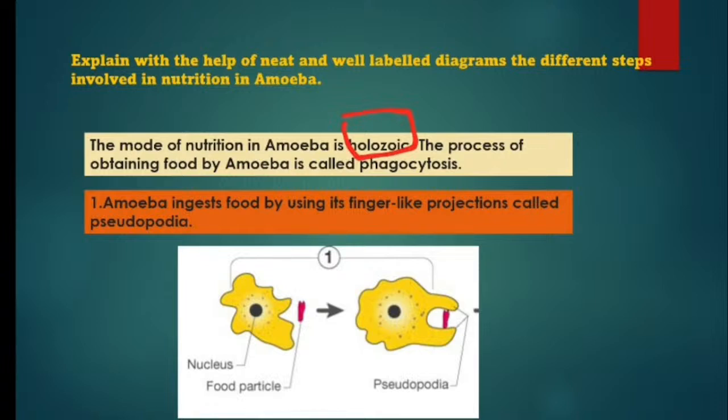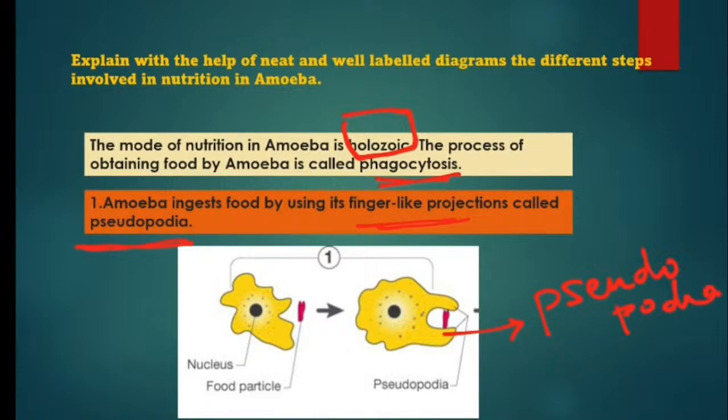The process of obtaining food by amoeba is called phagocytosis. Now, how does this happen? Amoeba ingests food by using its finger-like projections called pseudopodia. Whenever amoeba senses the food, it starts spreading its finger-like projections called pseudopodia. You can see here, this is the pseudopodia.